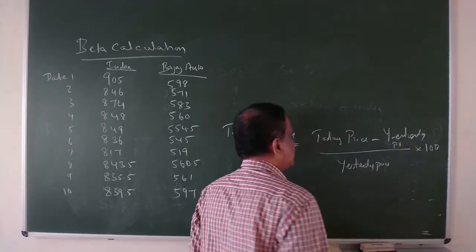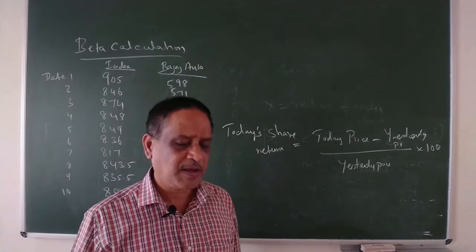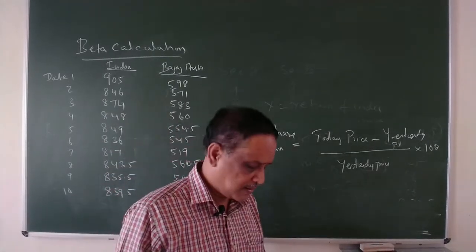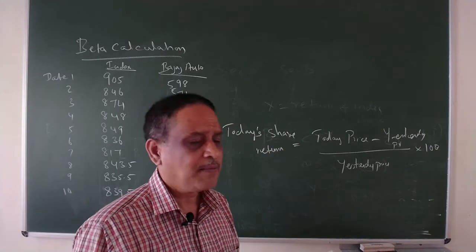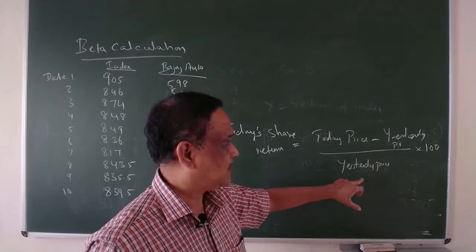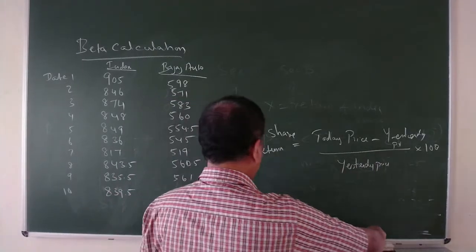Okay. So, today's price minus yesterday's price divided by yesterday's price multiplied by 100 will give you one day's return. So, with this, for index the same thing, today's price minus yesterday's price divided by yesterday's price multiplied by 100. So, let us see how to do that.